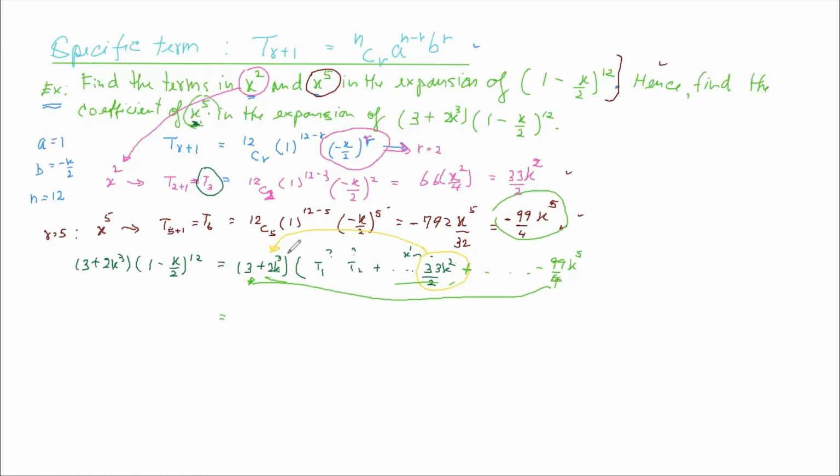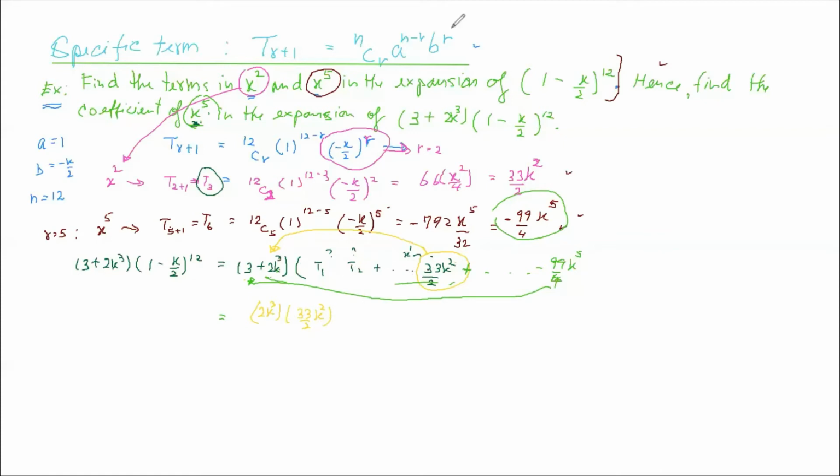So from here, you can see if we work on the yellow color first, that means 2x power 3 here times 33 over 2x power 2, right? This is yellow, this two-term times.